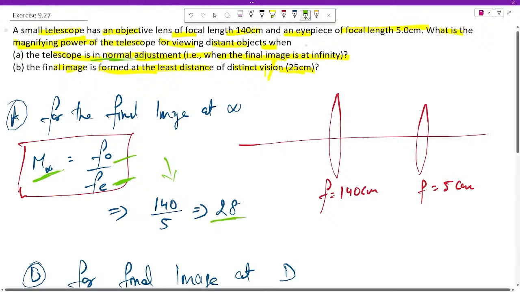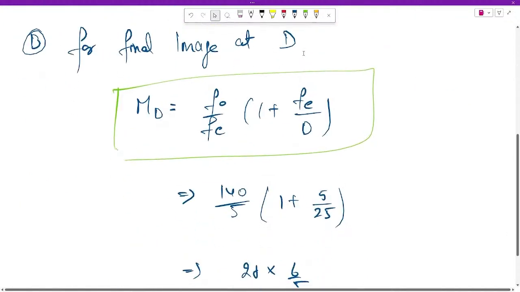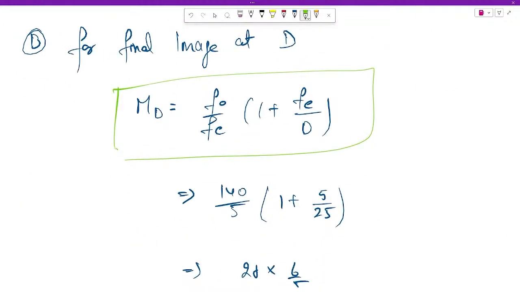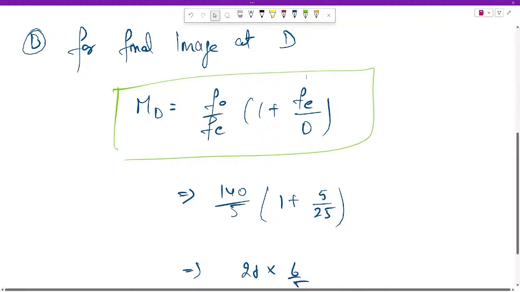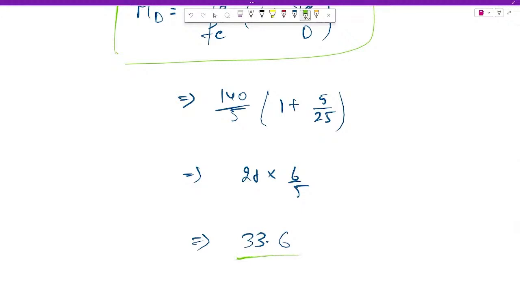Similarly, for the case where the final image is forming at D, the formula is the focal length of the objective divided by the focal length of the eyepiece multiplied by 1 plus Fe by D. Using this formula, we get a value of 33.6. So we see that the magnifying power in the second case is greater than in the first case; the magnifying power when the final image is forming at the least distance of distinct vision is greater than when the image is forming at infinity.